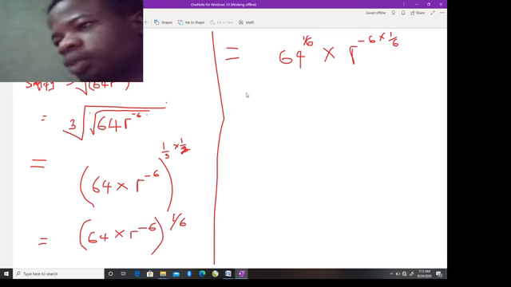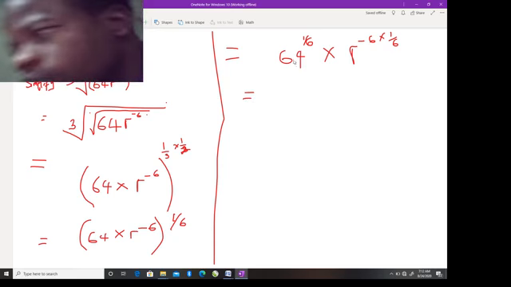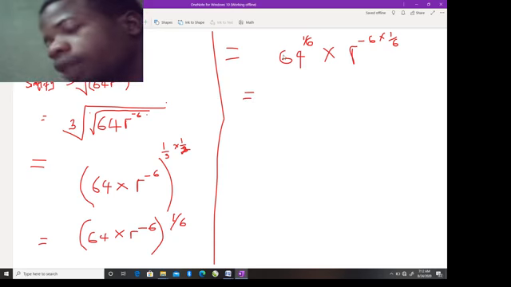I can re-express this, which means the 6th root of 64. Yes, it means the 6th root of 64. So I can write it as the 6th root, because the denominator forms the roots and the numerator forms the power.